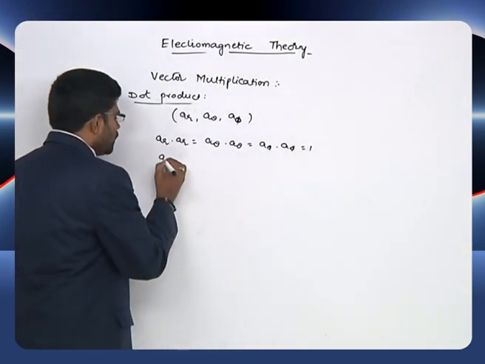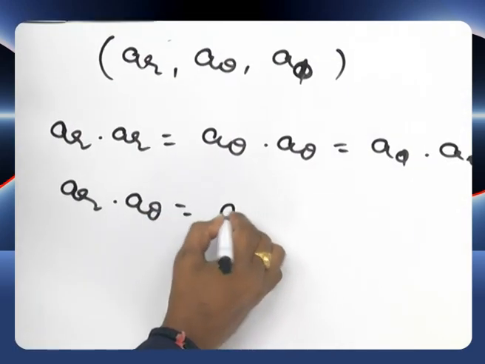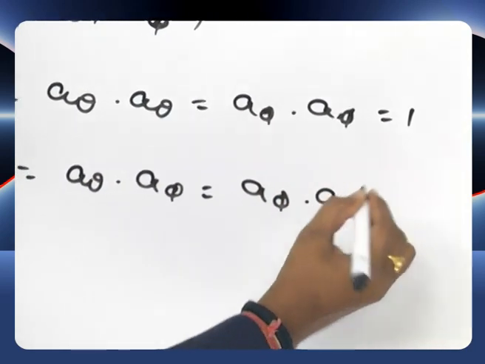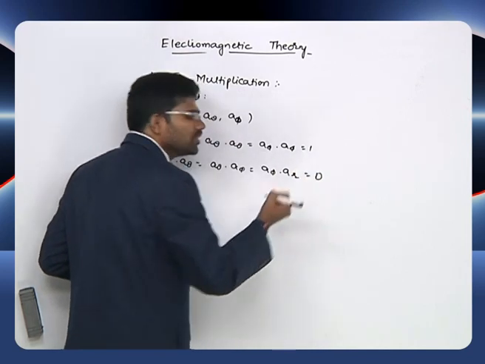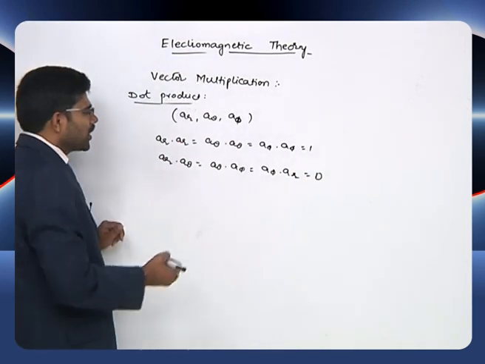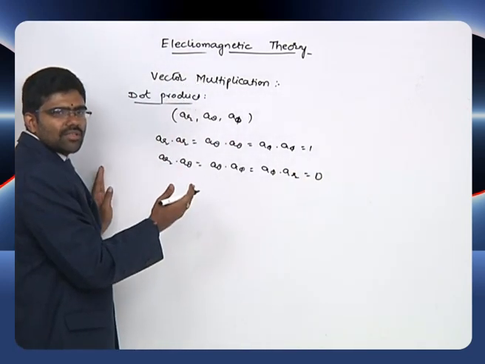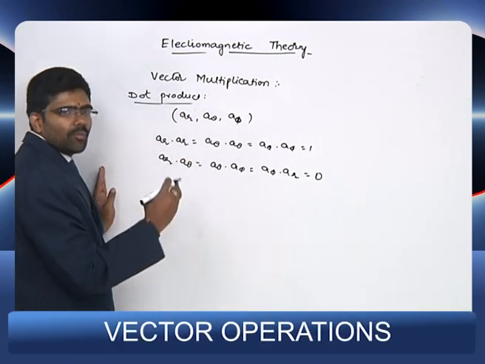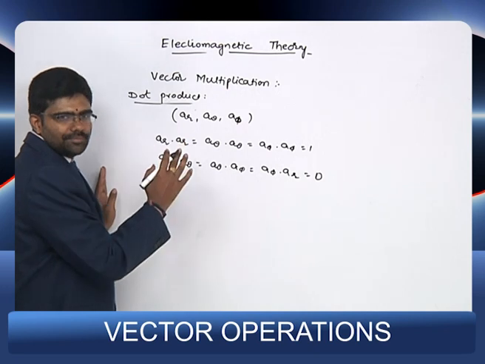The same way, ar dot a theta is equal to a theta dot a phi equals a phi dot ar, which is just 0, right? So clearly if you are taking any coordinate system and the respective unit vectors in that particular coordinate system, you can apply a dot product in an easy way, right?